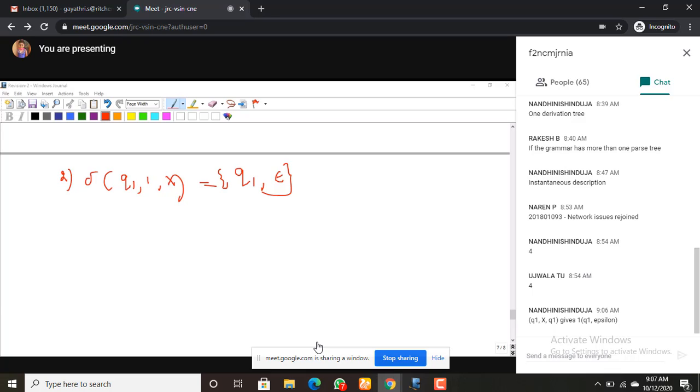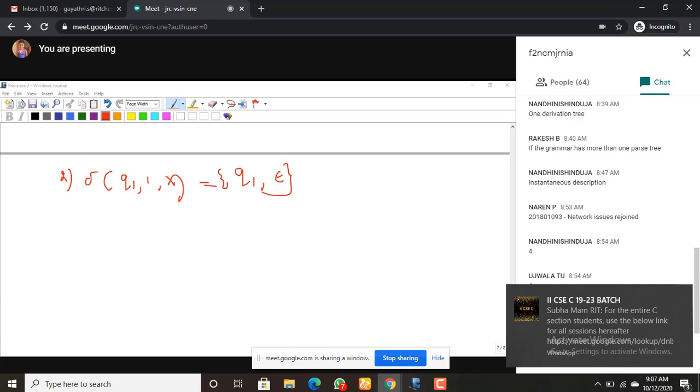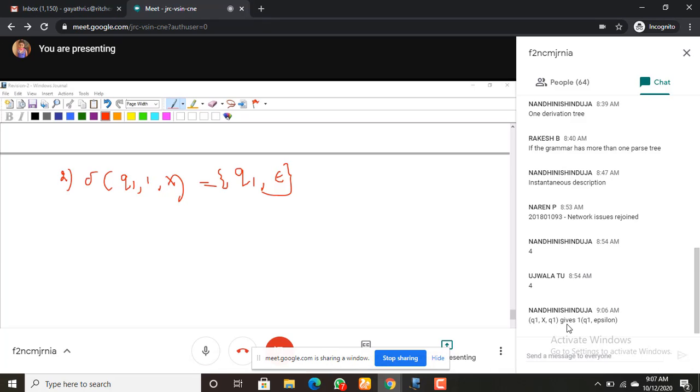Q1 X, Q1 gives... one case is enough. The production rules in the right hand side, one, that one will come.